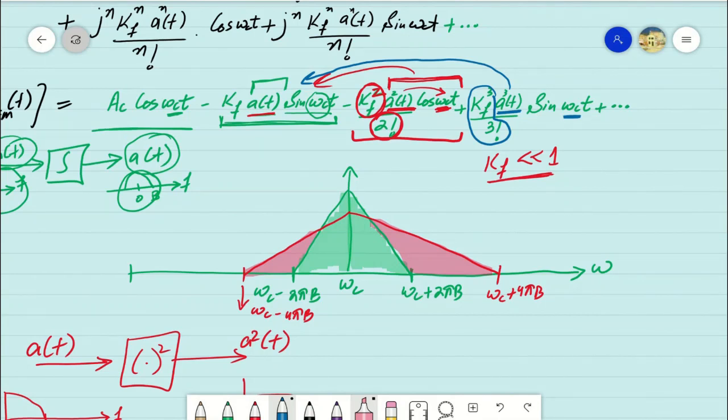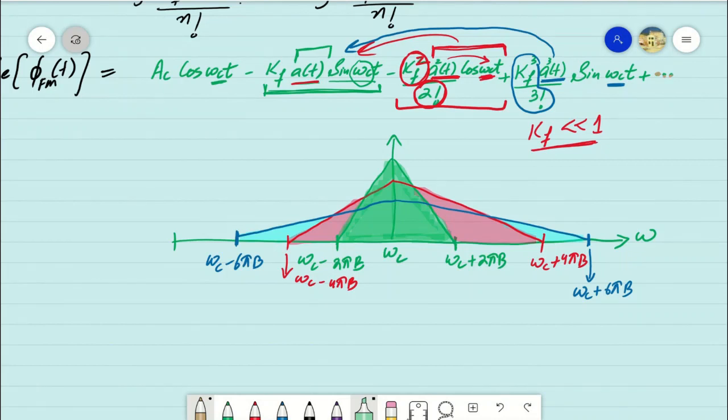So we have a representation that is centered at omega c, and its bandwidth is 3 times the bandwidth of the information signal a of t, and so on. We will have more terms. For example, another term with a of t raised to the power 4 that will have 4 times the bandwidth compared to a of t, and multiplied with, for example, sine or cos of omega c t, that represents frequency shifting.